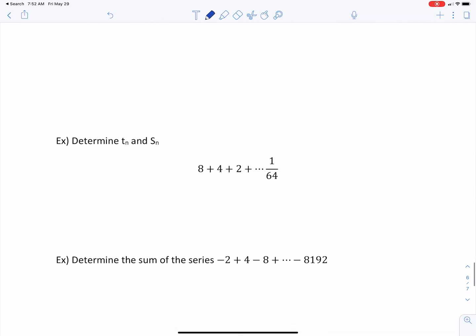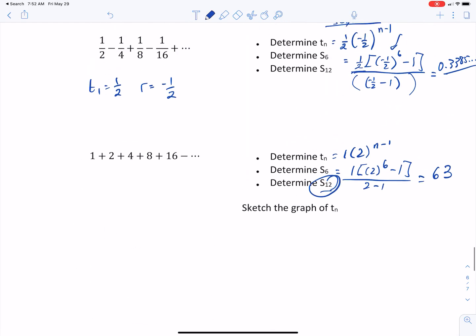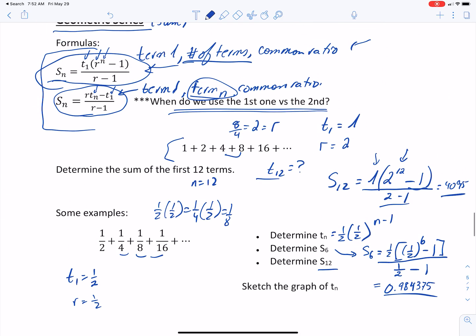And down here now, I have a slightly different set of problems for you to try. So in the first one, now we're looking at our other formula. So let's grab that formula from up here. And this time I'm referring to this one.